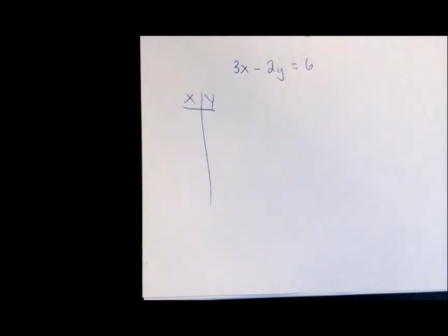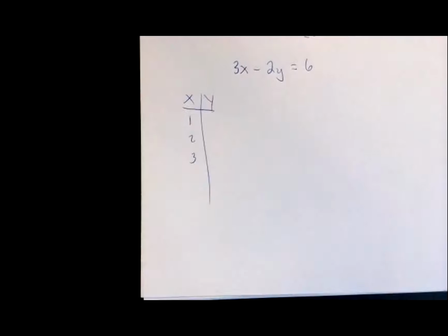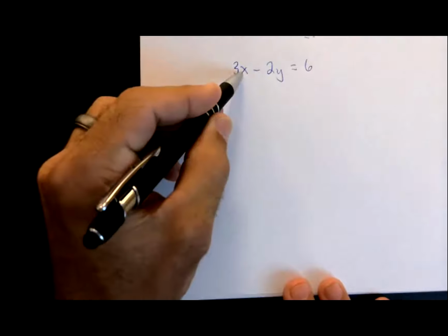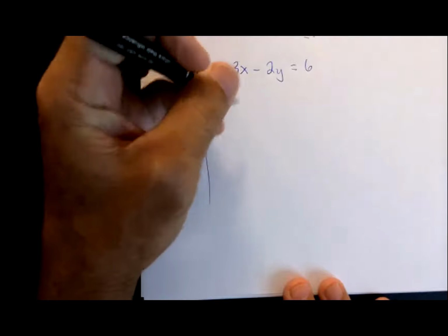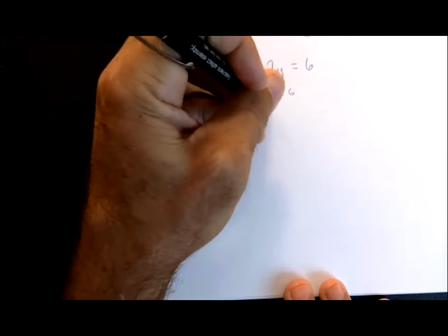Now, again, going back to probably the first time this was introduced, most teachers just start by giving you a couple of X's to try. You go 1, 2, and 3. However, this doesn't work out really well, as you'll see, because if I try plugging in a value of X, if I make my X value 1, I'm just going to show this. So 3 times 1 is 3.